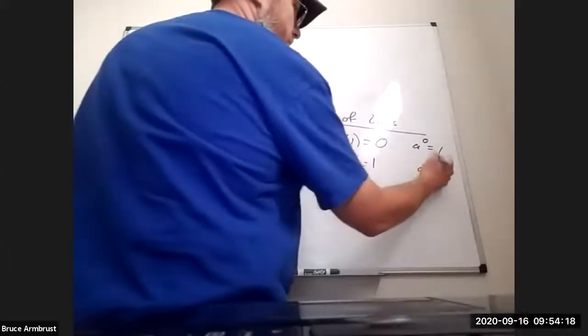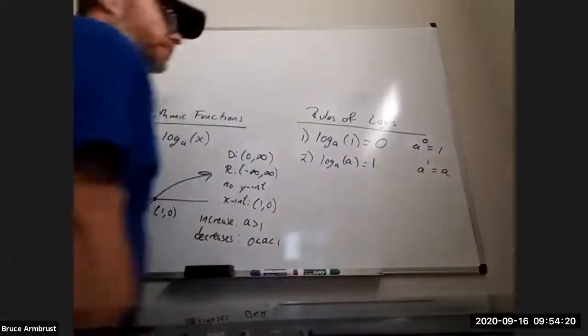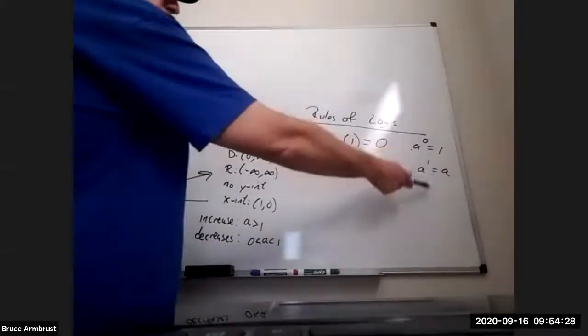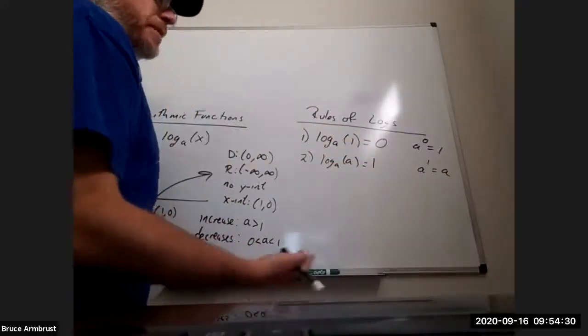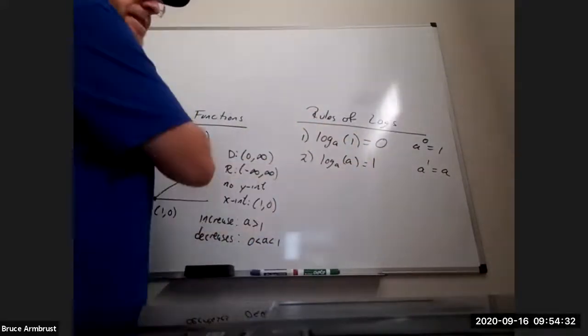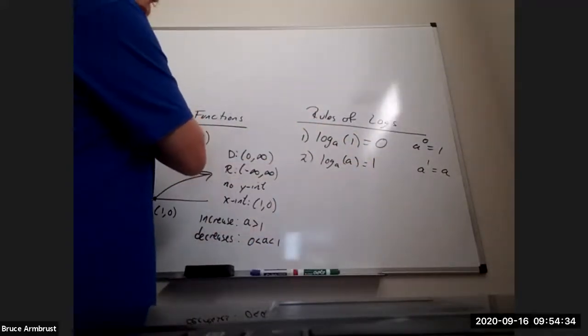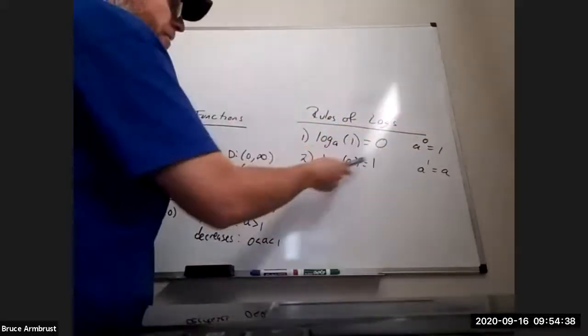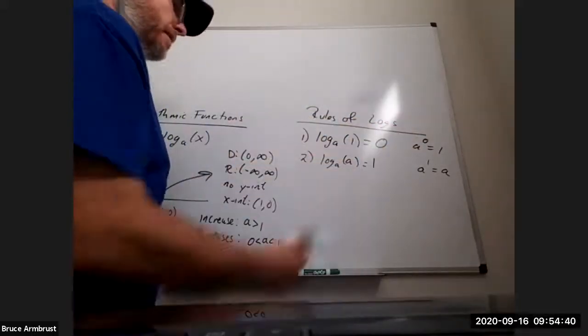And again, that comes from the corresponding exponential rule: A to the first is equal to A. I'm writing those exponential rules to help reinforce that logs are exponents. It's the same idea, and so every rule of exponents that you know has a corresponding rule of logs.